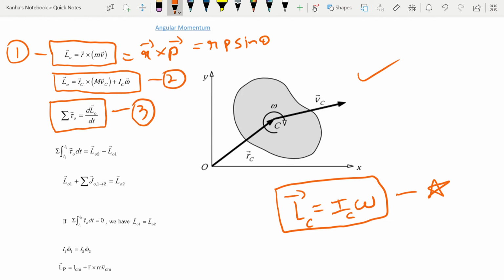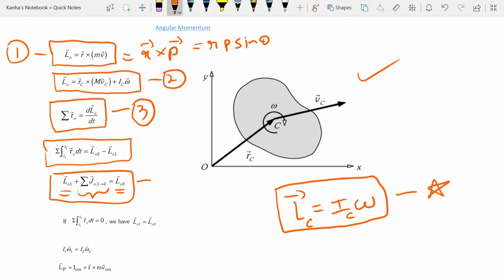Now, similar to what we did in pure translation motion, you can find the analogy with the impulse momentum theorem. So you have an initial angular momentum, then you apply an angular impulse on it, and you get the final angular momentum.